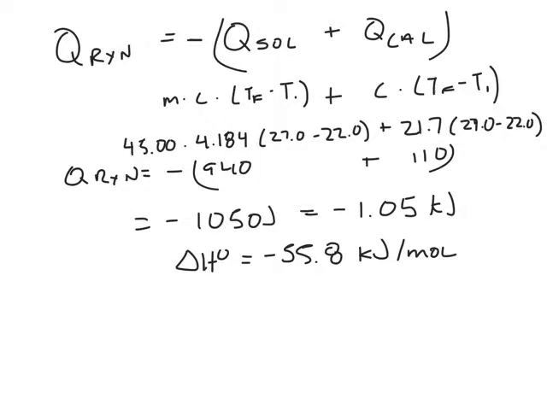Now bring the accepted value up because one, we want to compare ourselves to that, but also to take note, this is kilojoules per mole. This is just the absolute amount of heat that we released. We need to divide that by the number of moles of water we produced so that we can compare this kilojoules per mole.